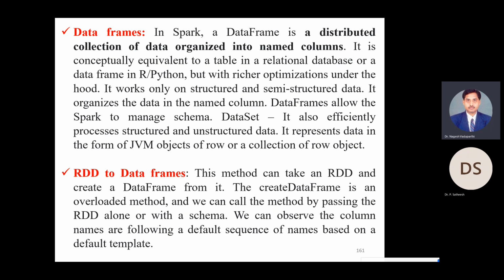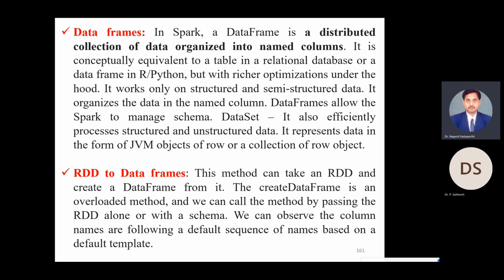Bytecode you cannot understand; it is a stream of bits. A machine can understand that bytecode. That's why every system has its own JVM. So it represents data in the form of JVM objects of row or a collection of row objects. So this is about a data frame.